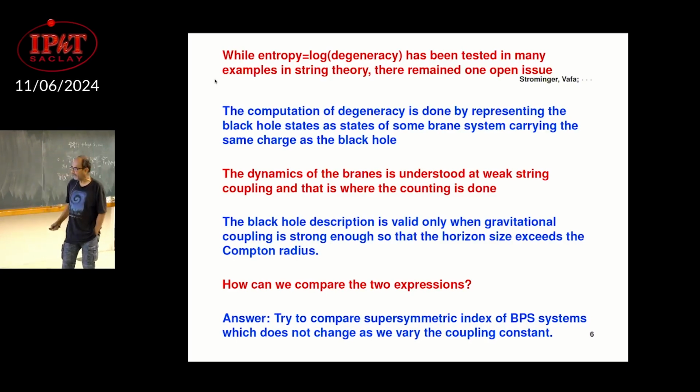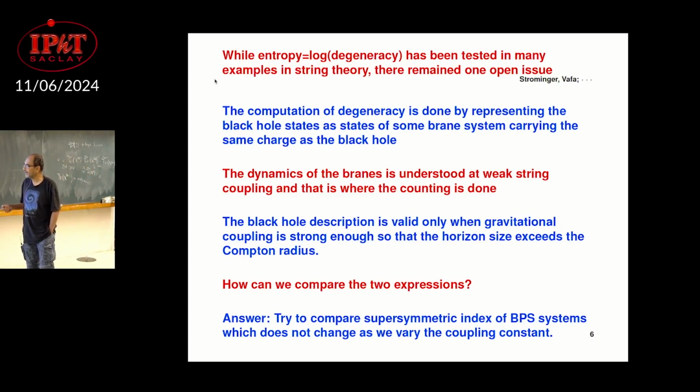And the answer that is given tentatively is that we try to compare the supersymmetric index of BPS systems, and the reason is that this is similar to degeneracy, and it does not change as you vary the coupling constant. So if we can calculate the supersymmetric index on both sides, then indeed it is possible to compare a weak coupling result to a strong coupling result, because the supersymmetric index doesn't change.